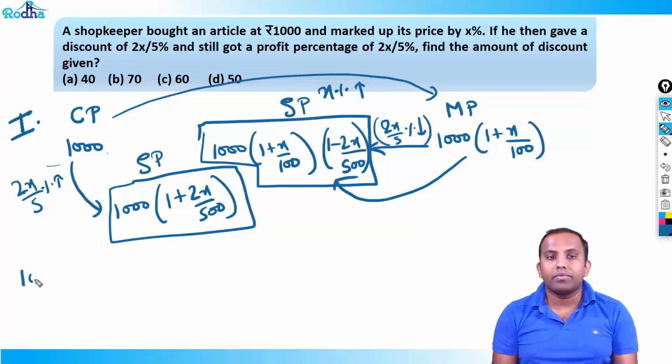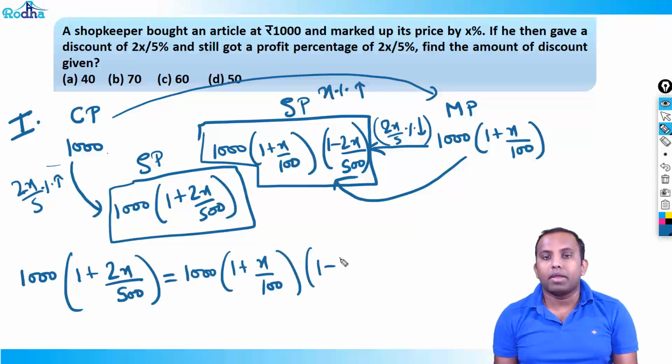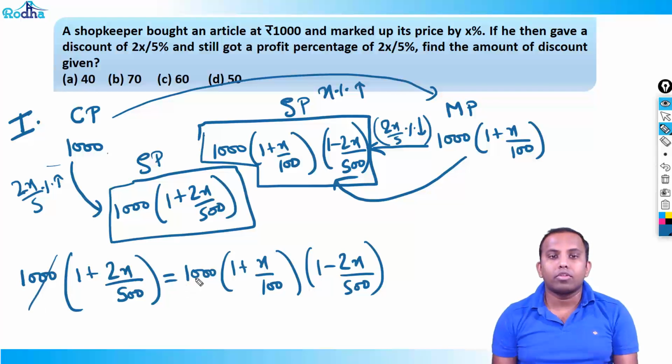That means I can equate 1,000 into 1 plus 2x by 500 is equal to 1,000 into 1 plus x by 100 into 1 minus 2x by 500. This will get cancelled.